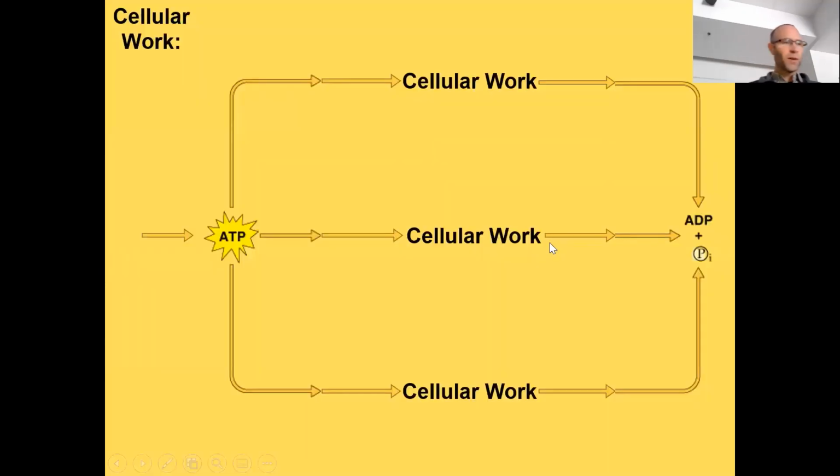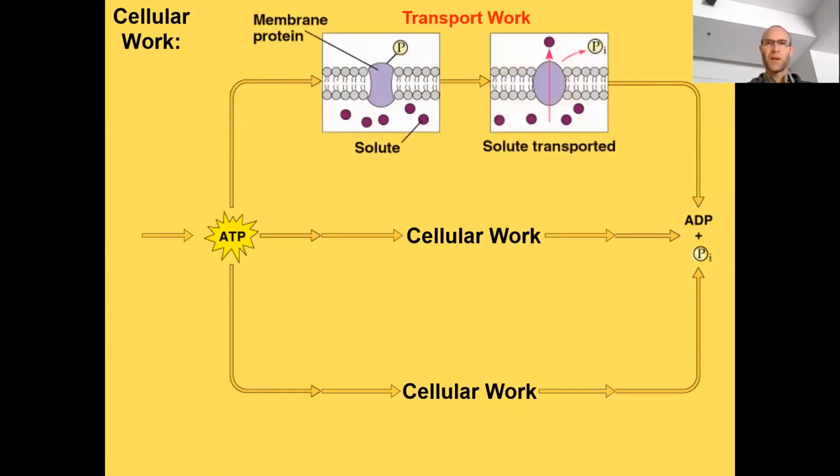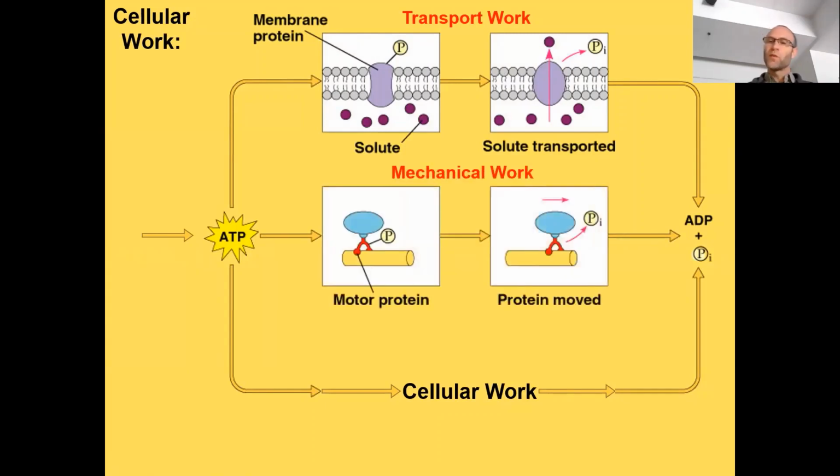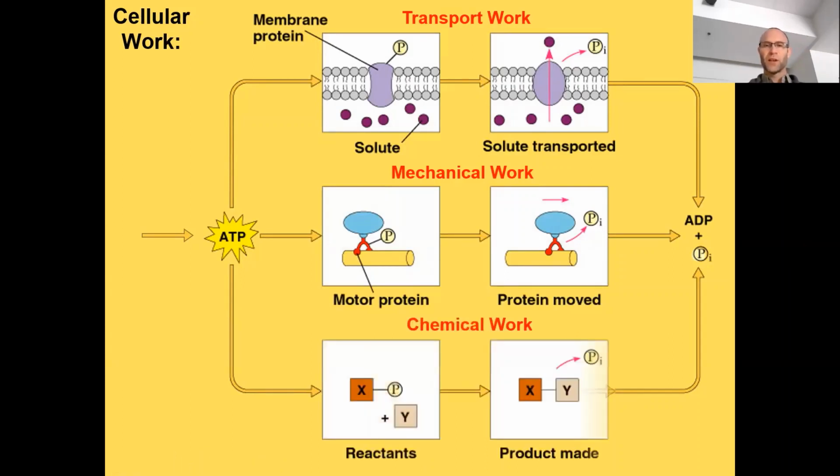So this is about where we left off. We were talking about enzymes and we were talking about cellular work. And I had said, this is why we need ATP. So what kinds of cellular work were we talking about? We were talking about things like transporting things across membranes, moving things around cells, or even moving things like your muscles, if you're an animal, moving things like flagellas.